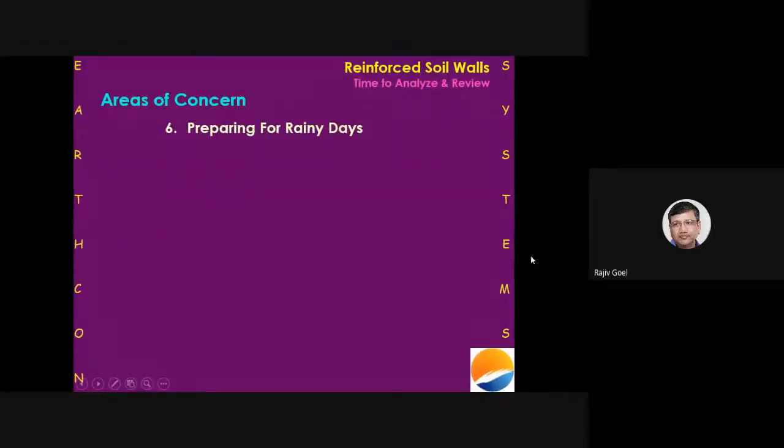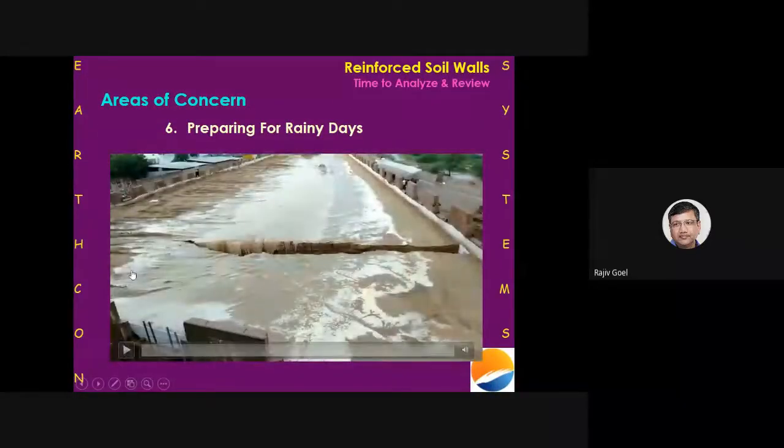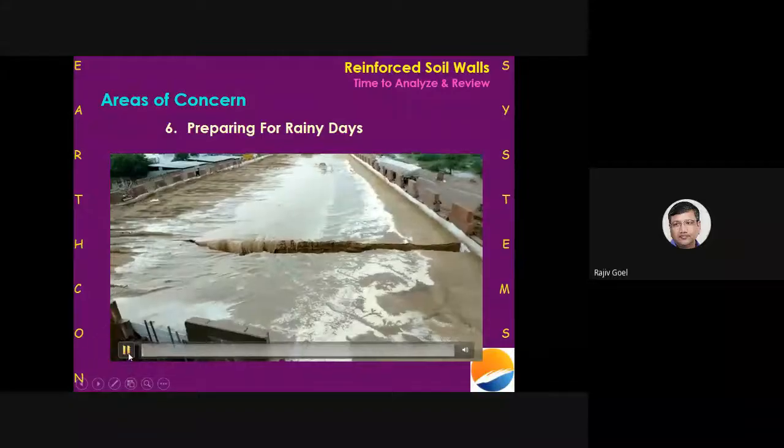I'll start with the video. This is the wall already constructed to the height of about 7-8 meters, and then one fine day, a lot of rain happened, and there was no way the water could be discharged, and finally the water found its own way.